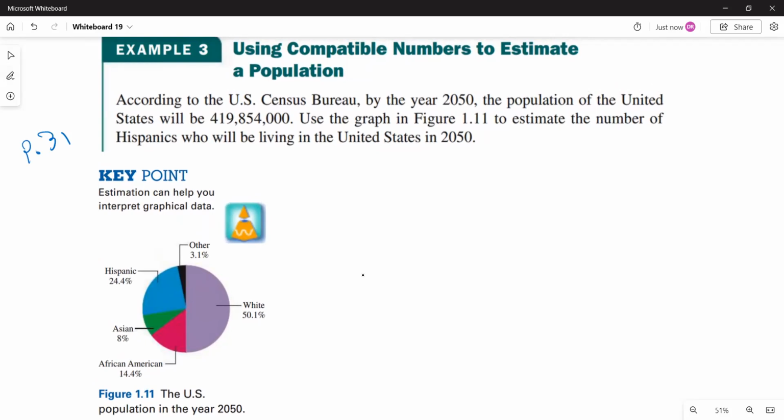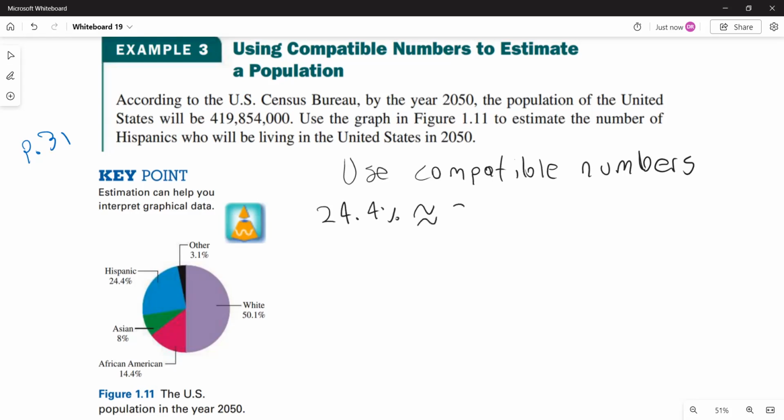So we're going to use, again, compatible numbers. So 24.4%. A compatible number is 25%.